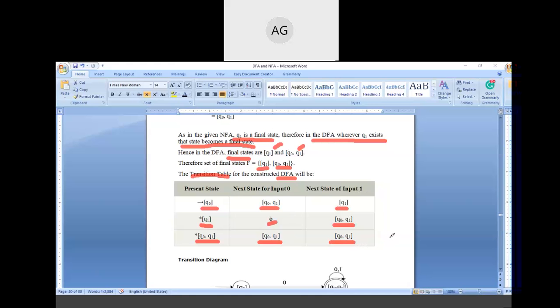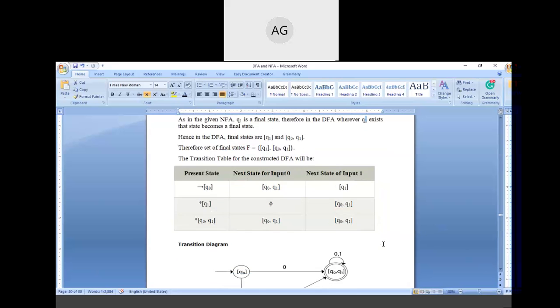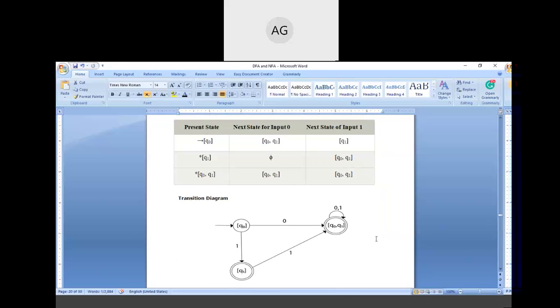Now in the next step we need to convert this transition table into the transition diagram, because in the original question they already gave us the transition diagram. So in the answer they want a transition diagram, because the question was given in the transition diagram.